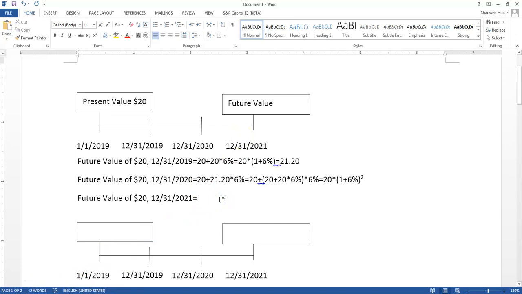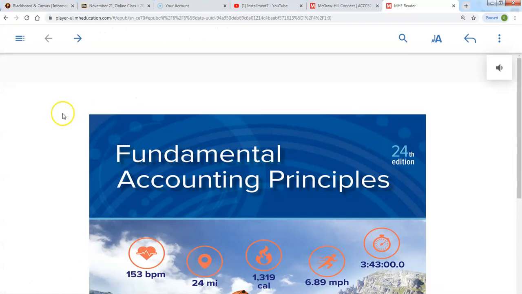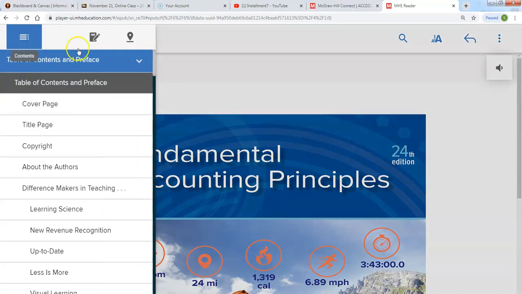So the third year, when I pay back the lender, I will pay back 20 multiplied by 1 plus interest rate, to the power of 3. And this 1 plus 6%, 1 plus interest rate to the power of n periods, is called the discounting factor. When we want to look for the discounting factor in a table, which is online or at the end of your textbook, we can find it here.